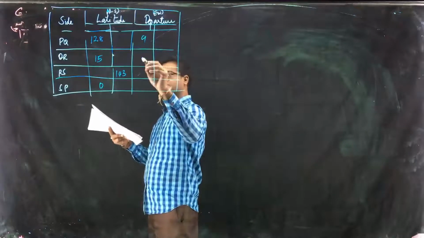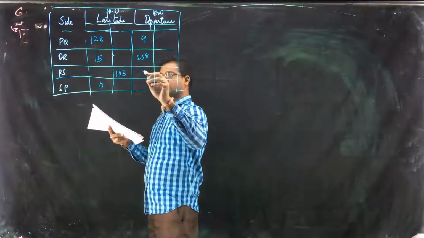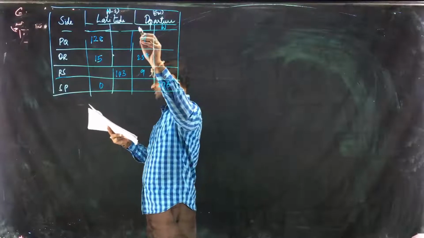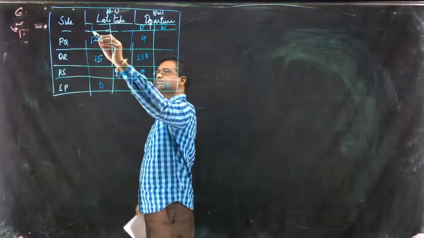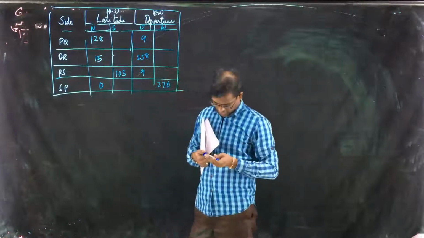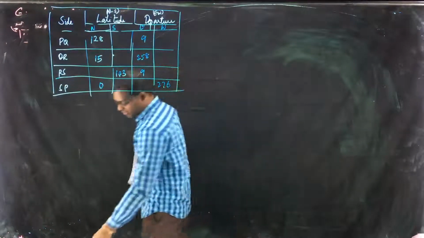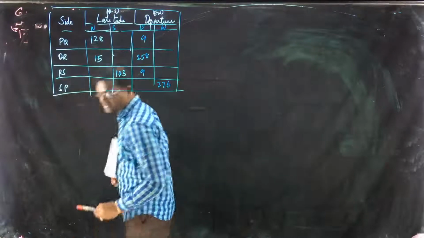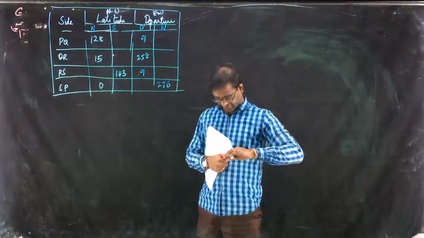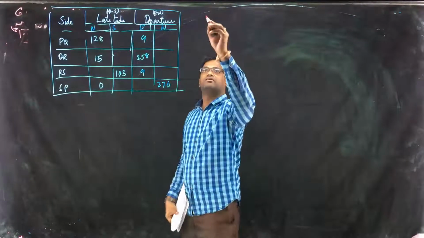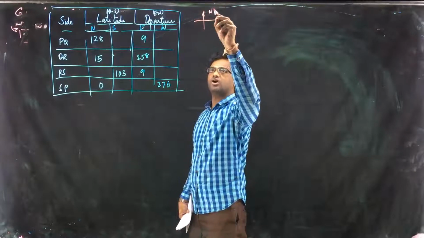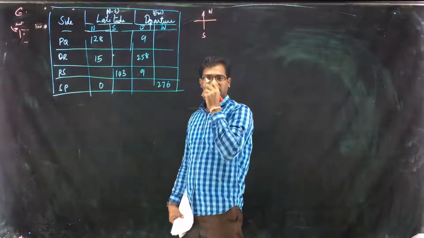This is 9, 258, 9 and 276. This is west, this is east, this is north and this is south. So you have to recall, because not all the north and not all of the south are having positive values. If you recall the compass survey we had discussed, this is north and this is south, right?